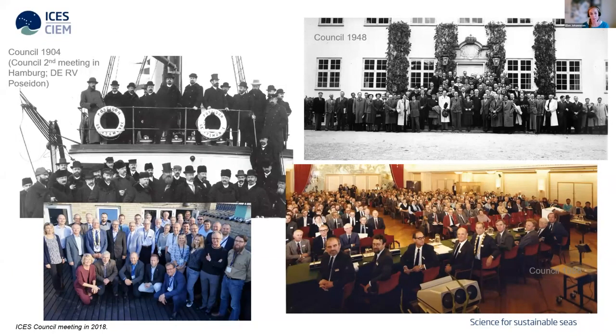I often start with this slide because it shows the pictures of our council meeting from 1904, 1948, 1988, and 2018. I think it shows how little we've changed in over 100 years in terms of gender representation and other kinds of visible diversity overall.